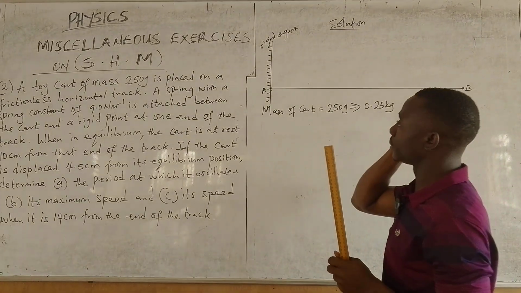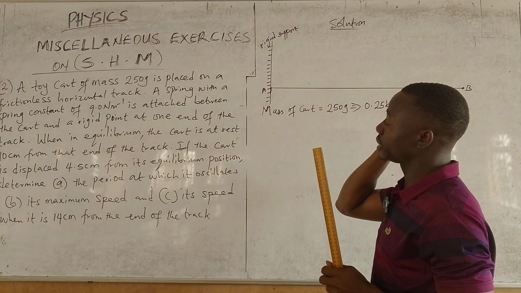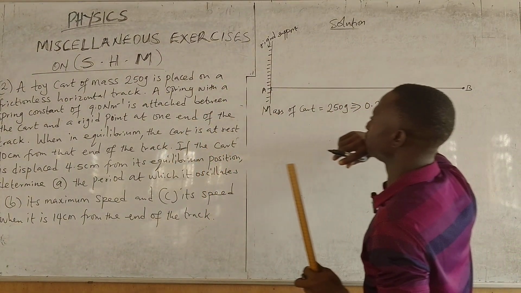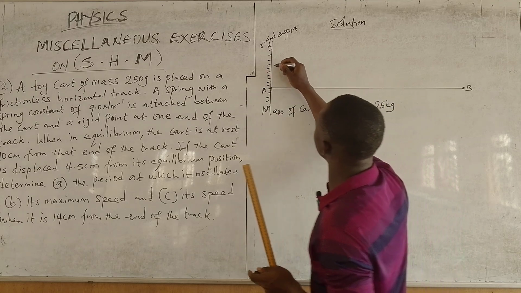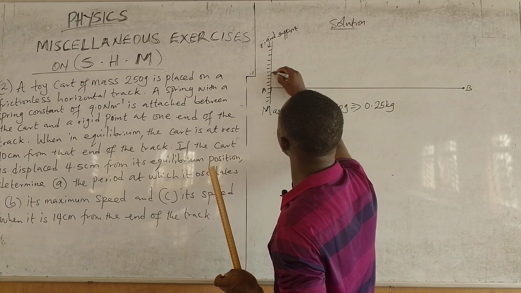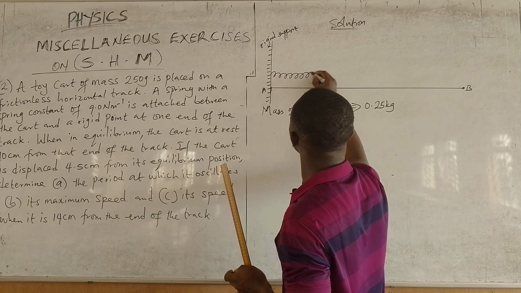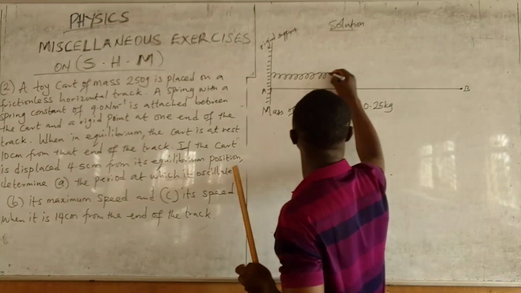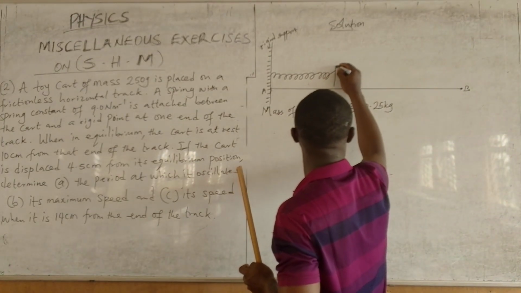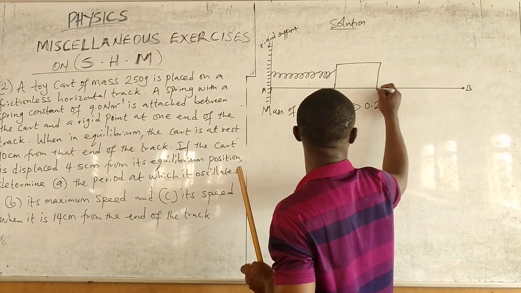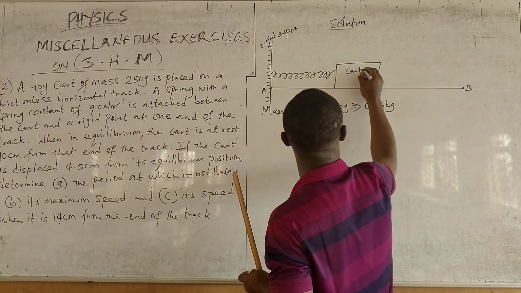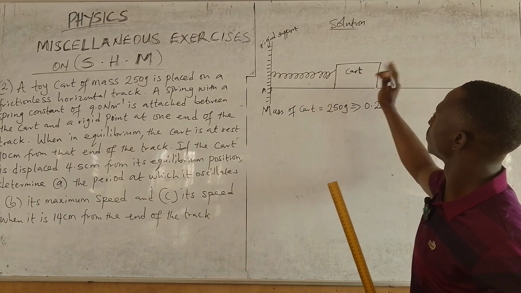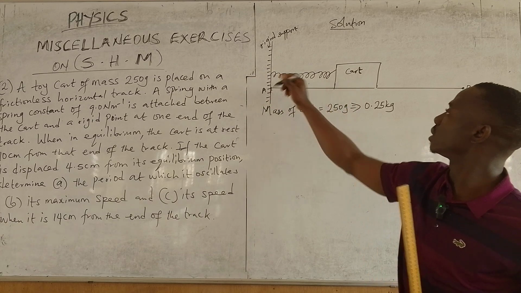We are told that a spring is attached between the cart and the rigid support. So this is the rigid support, this is the cart, this is the spring in between.